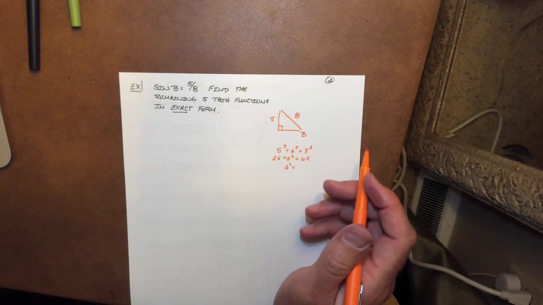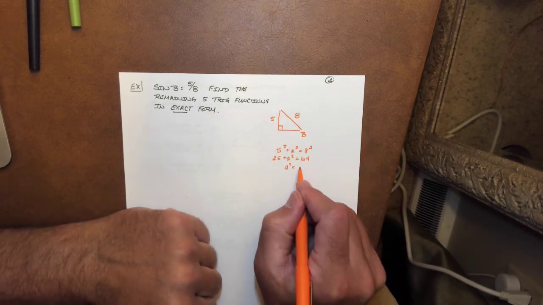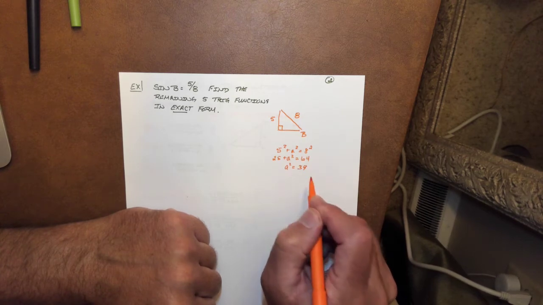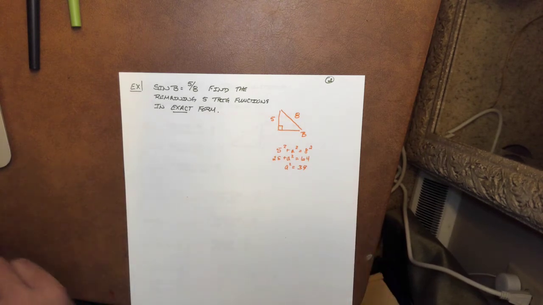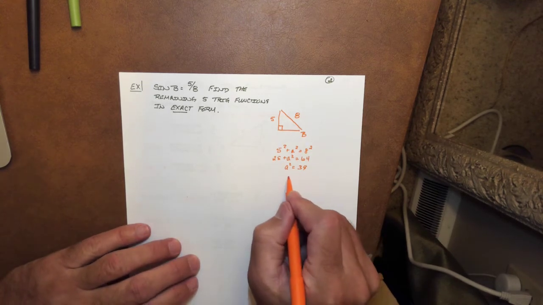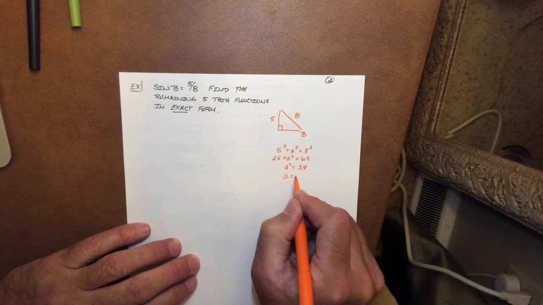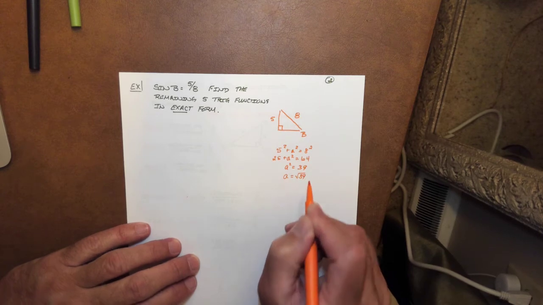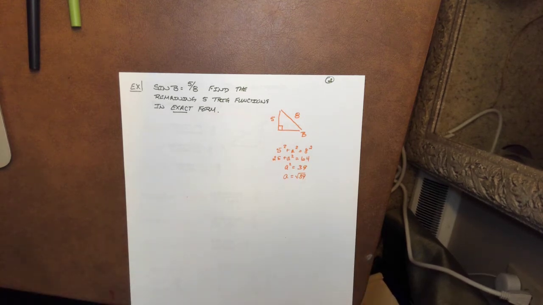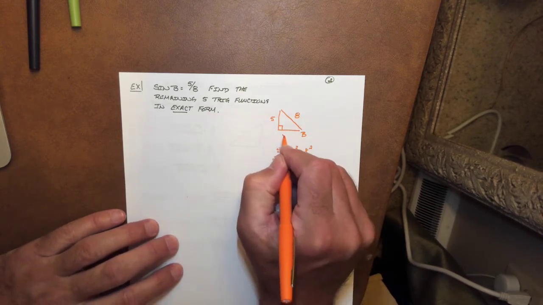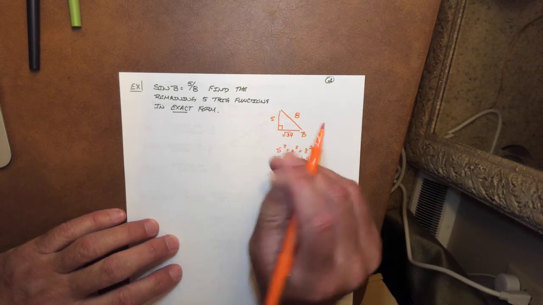Good call, 39. And when we take the square root, again in exact form, we're going to have the square root of 39. So label it. I've got all my sides.